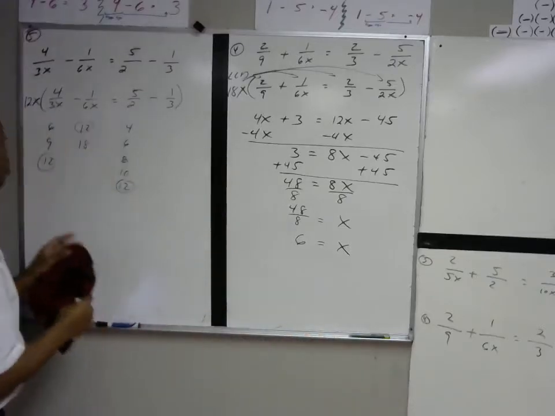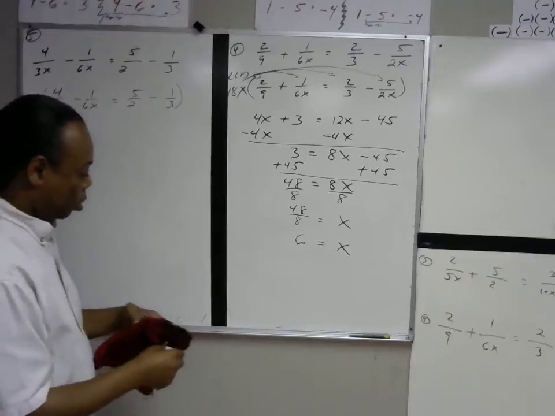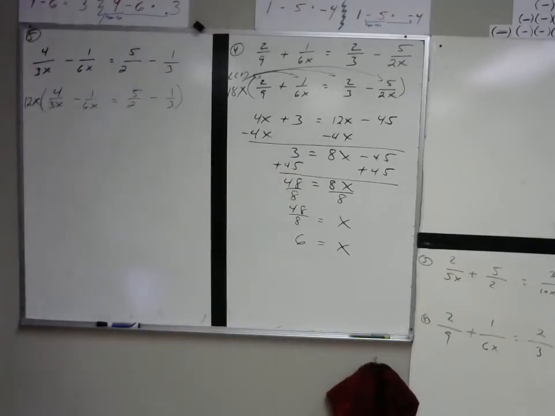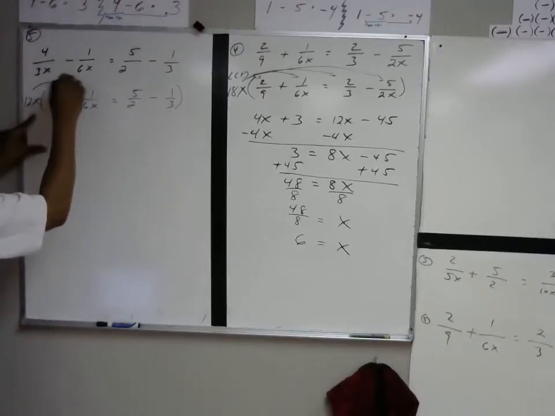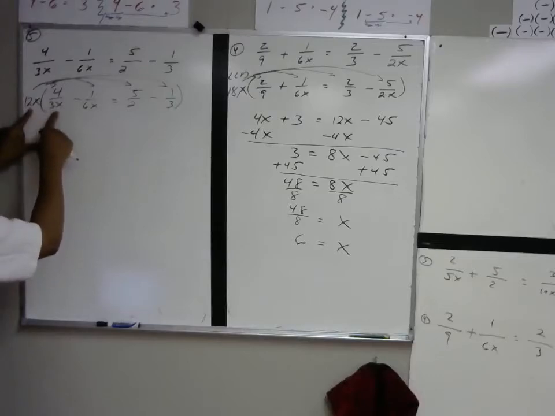Okay. All right, let's erase this. Okay. Distributing the 12x. 12x divided by 3x is 4. 4 times 4 is 16.